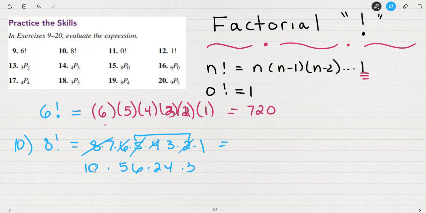So if I did 56 times 24 times 3, I'd get 4,032. And then times 10, 40,320. Let's just check that.